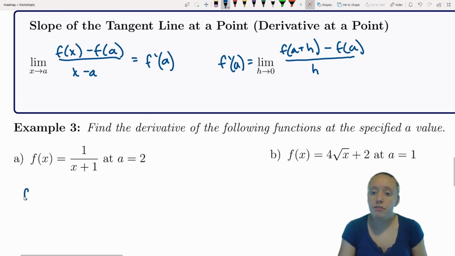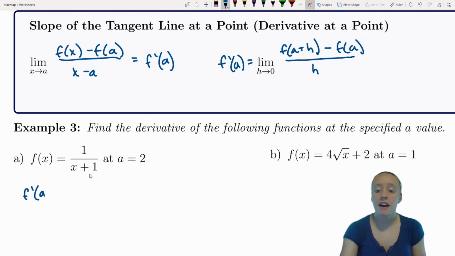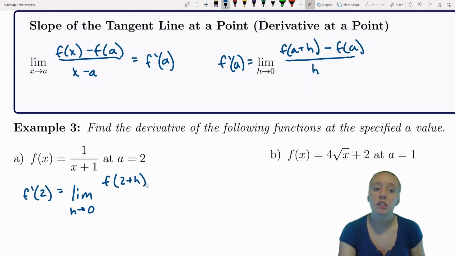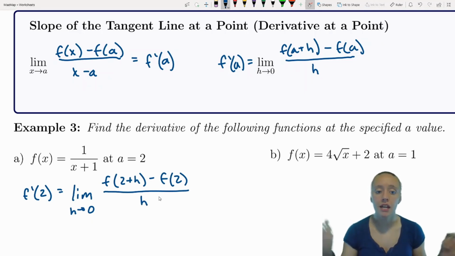So my f prime of a, my f prime of 2, for example 3 part a, my a value is 2. Using this formula, I'm going to take the limit as h approaches 0 of f of a plus h, so that's f of 2 plus h, minus f of a, f of 2, all over h.